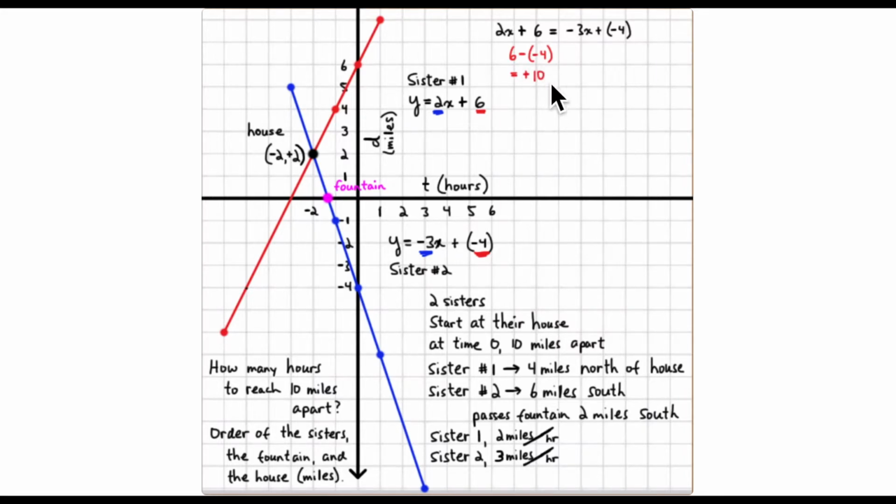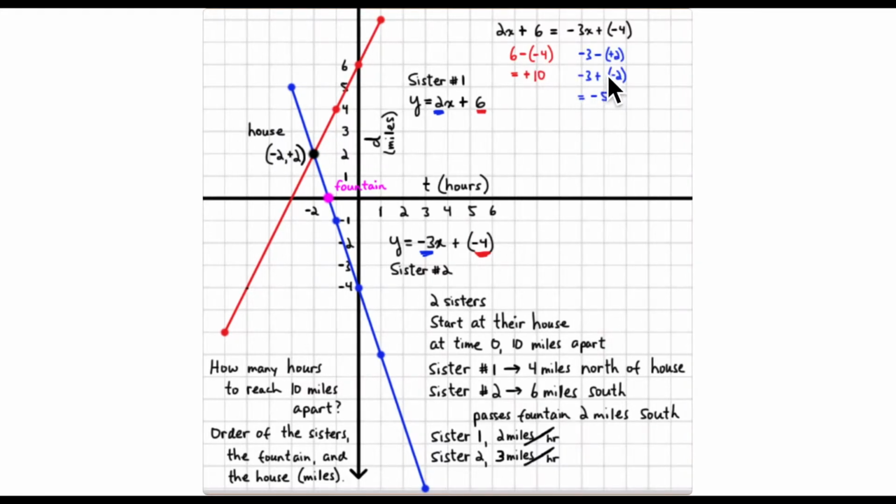So 6 minus a negative 4 is the same as 6 plus a positive 4. That equals positive 10. And negative 3 minus a positive 2 is the same as a negative 3 plus a negative 2. Same thing. And you get negative 5 on this side.